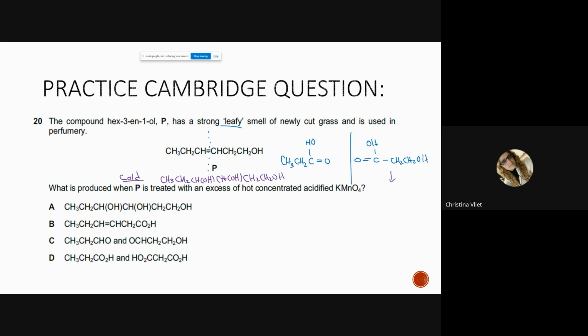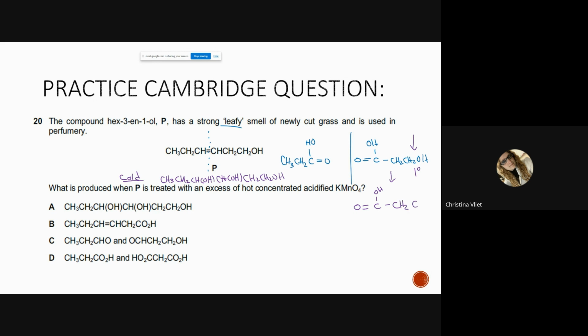But this is asking hot, which means you break both bonds. You get the carboxylic acid on both sides, and because it is hot, what do we do to the OH? This also has to be oxidized, right? What type of alcohol is this? Which means it's turning into yet another carboxylic acid on the second carbon here.